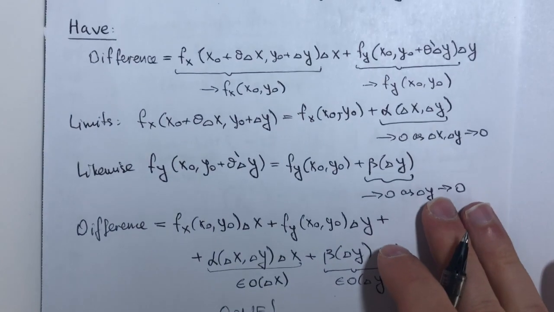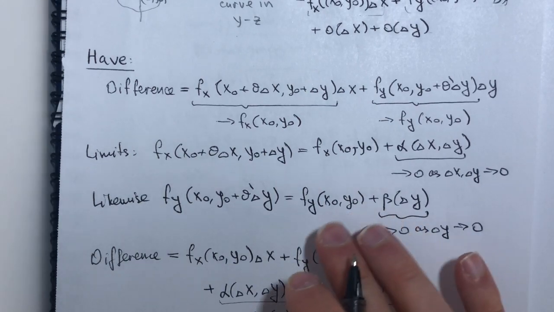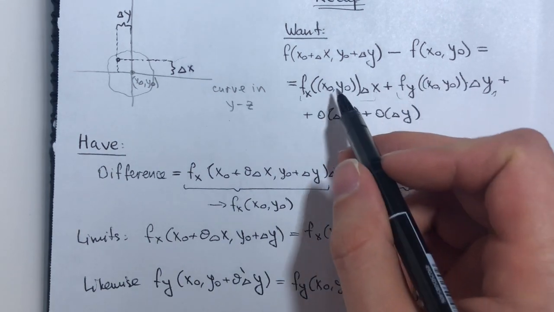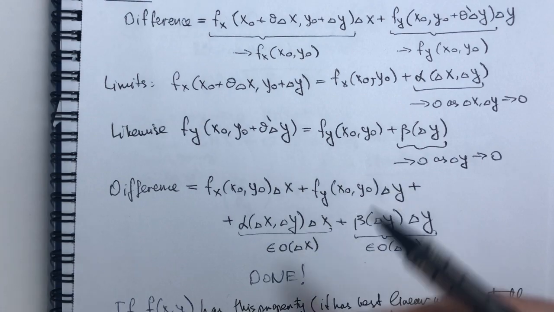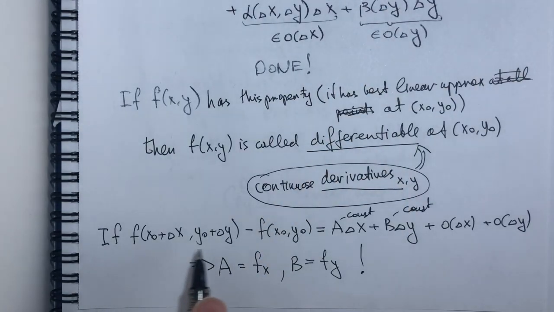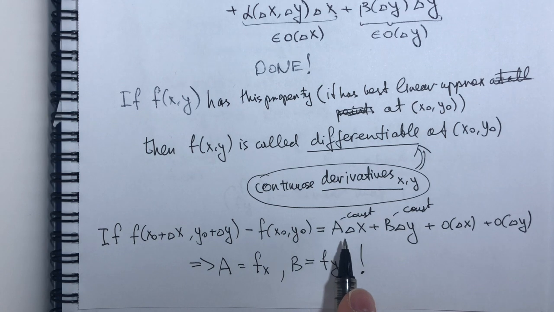In some sense, what I have shown in this video is that if we have continuous partial derivatives, then this is true and these are constants. But if we assume that we don't know the existence of partial derivatives yet, but we know that a function has the best linear approximation, then this approximation necessarily arises from partial derivatives.